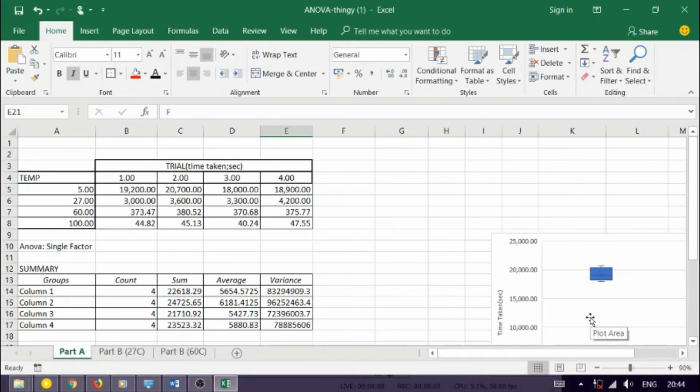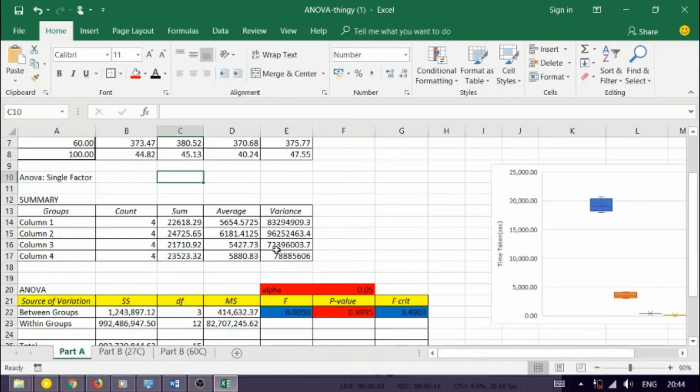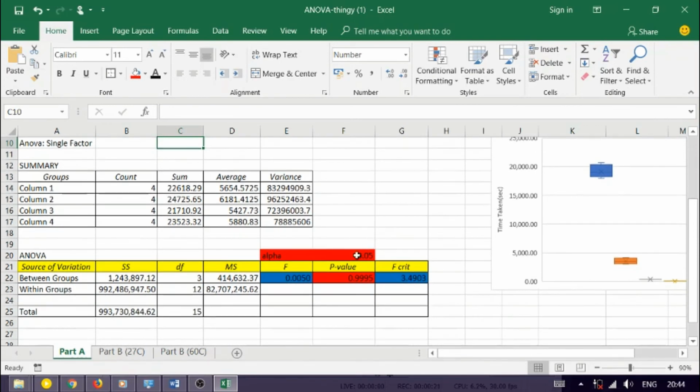For analysis of variance of experiment A, the null hypothesis is that all the means of all the groups are the same. So we tested this by constructing an ANOVA table with an alpha value, or significance value, of 0.05.